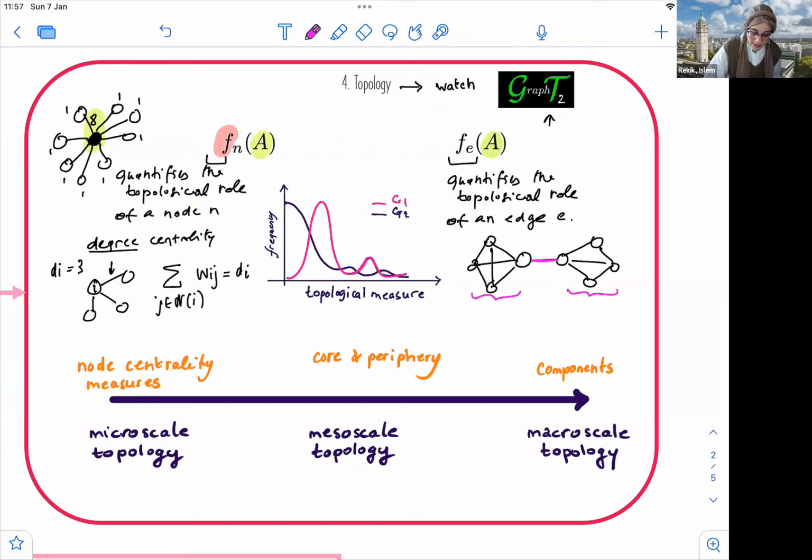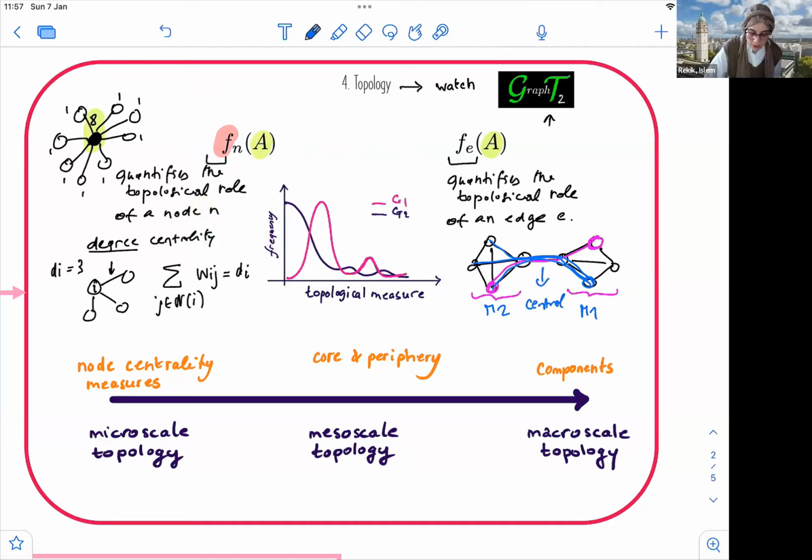So this edge has the highest flow of information. To go from A to B, I need to traverse this. To go from any node in module 1, M1, to module 2, I must go through this edge. So this is why this edge is a central edge.